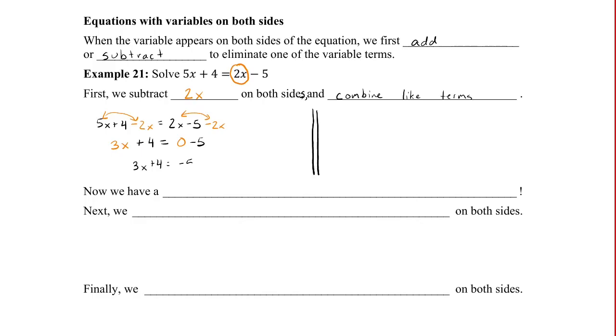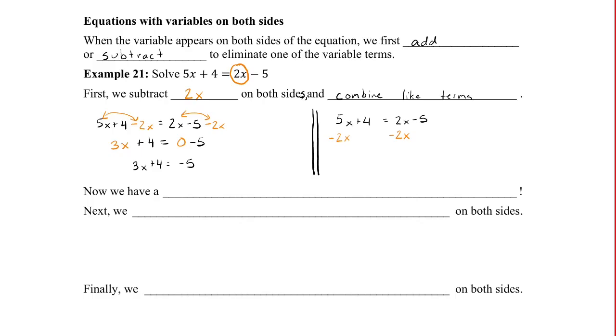is just negative 5. Again, writing this in the shortcut way, I've got 5x plus 4 equals 2x minus 5. I'm going to write the term that I'm subtracting, and I'm always going to write it underneath the like term.